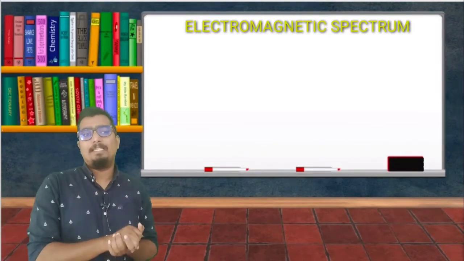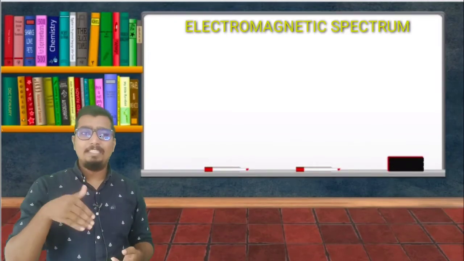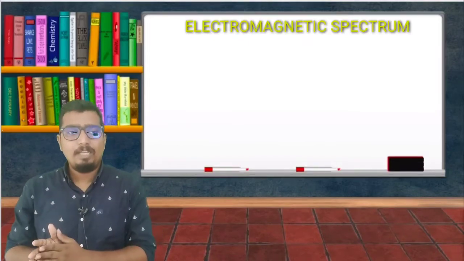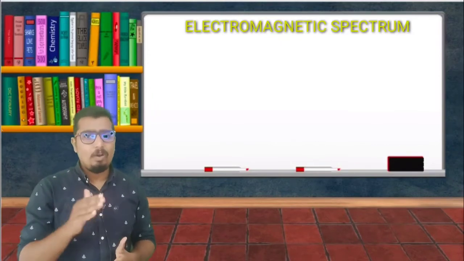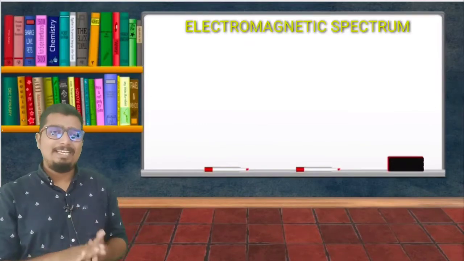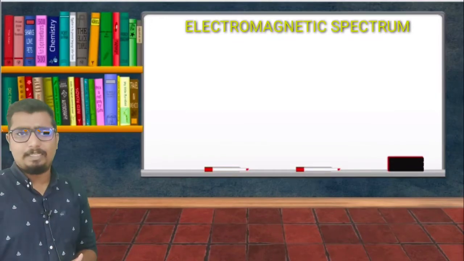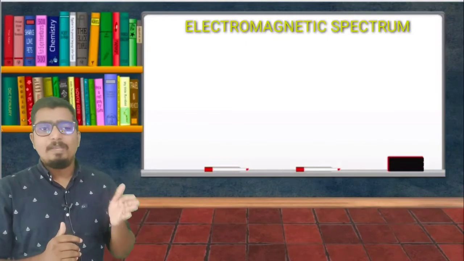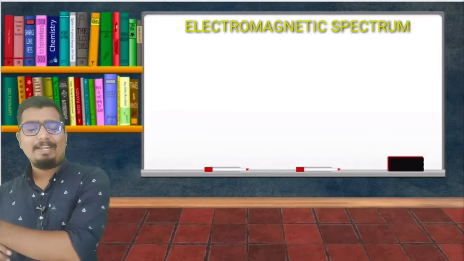In the electromagnetic spectrum, the waves are arranged in the increasing order of frequency, or decreasing order of wavelength. Here, in increasing order of frequency, first we write radio waves, microwave, infrared, visible light, ultraviolet, X-ray, gamma ray.